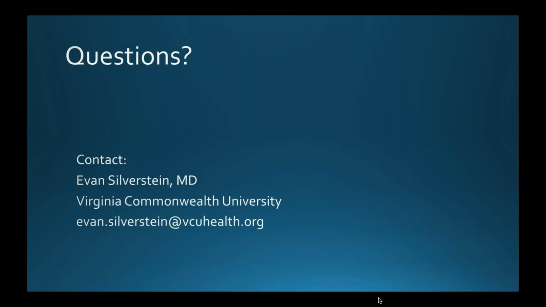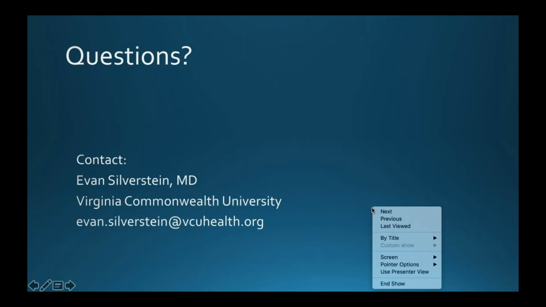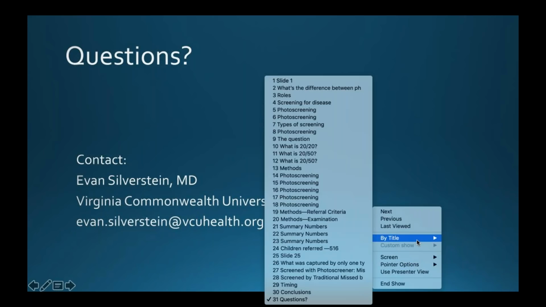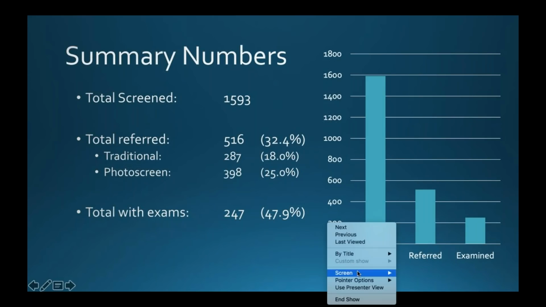So the purpose of this study was to understand what we were missing if you picked one or the other. Obviously if you do both, you're going to pick up more children. Let me just bring up the numbers here. Oh, sorry, wrong slide.